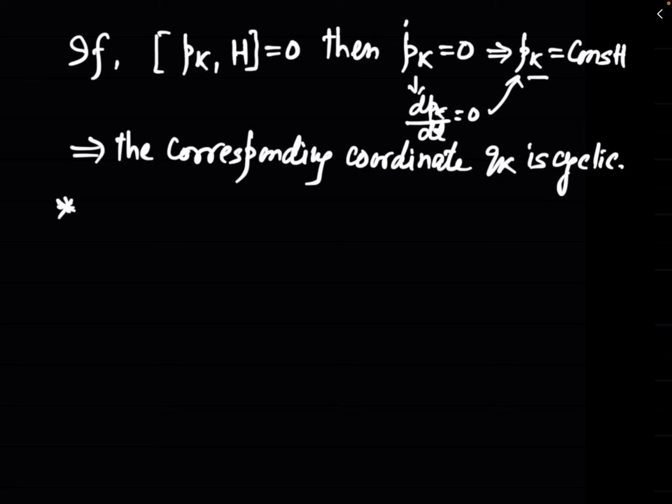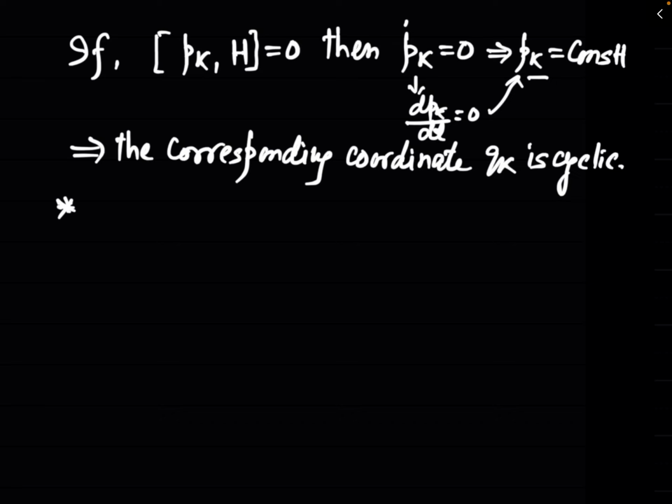In fact, all functions whose Poisson bracket with Hamiltonian vanish, they are actually constants of motion. Or conversely, you can also say that Poisson brackets of all constants of motion with h must be equal to 0.